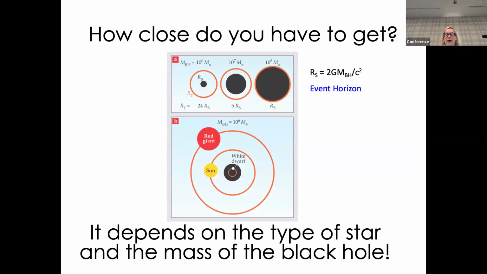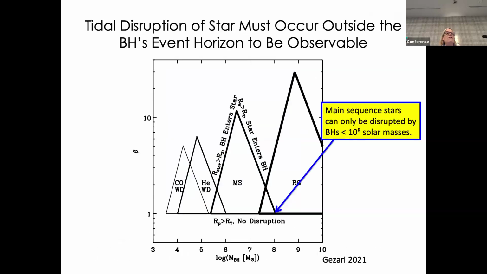And in fact, a fun aspect of tidal disruption events that makes them such a sensitive probe of lower mass black holes is that for the very large black holes, the tidal disruption radius is actually inside the event horizon.